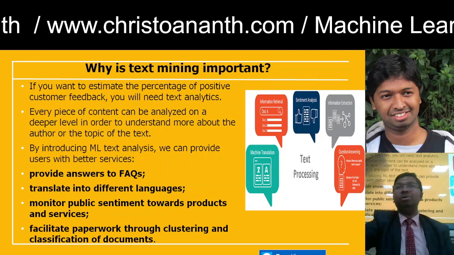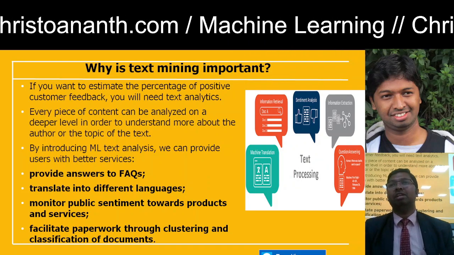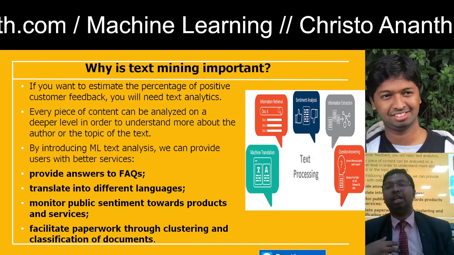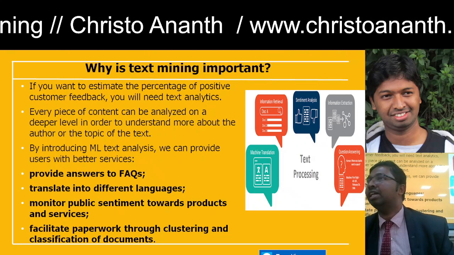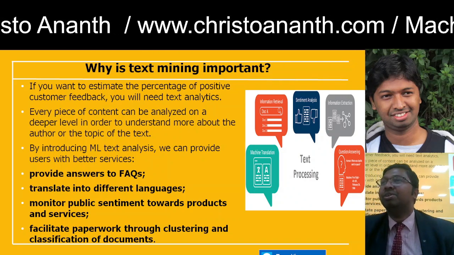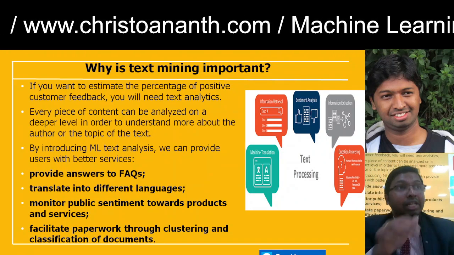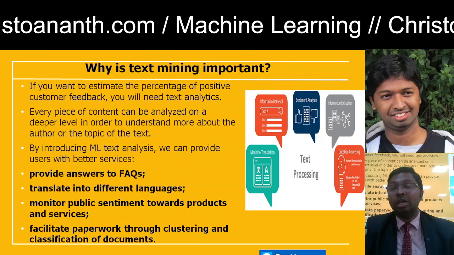For example, you ask, sir, can I drink water? I say, okay, drink water. Again he asks, can I drink water? I say, okay, you drink. Now text mining will identify the question, can I drink water, and the answer I am giving, which is yes, you can.